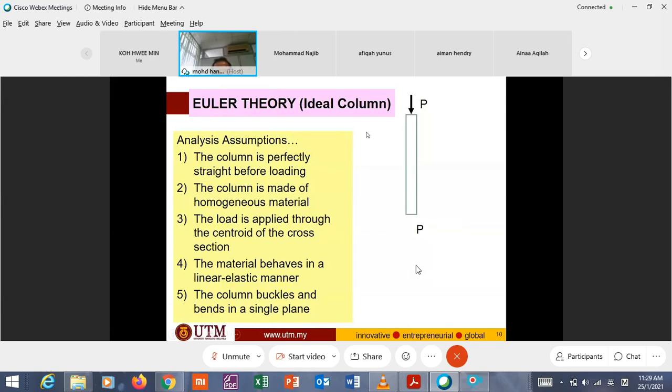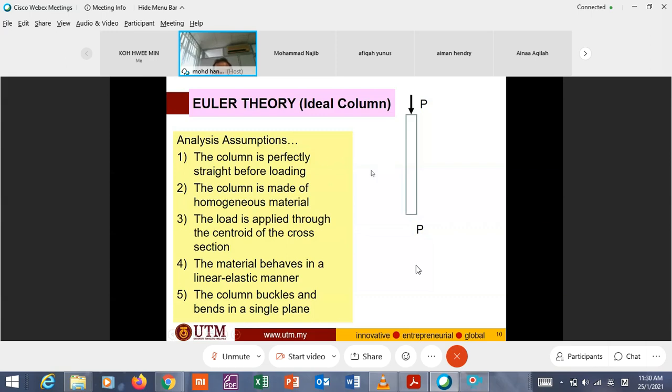Similar to what we have done in the derivation of the deflection of beam, in theory we have to decide what the ideal condition is. What's the assumption?